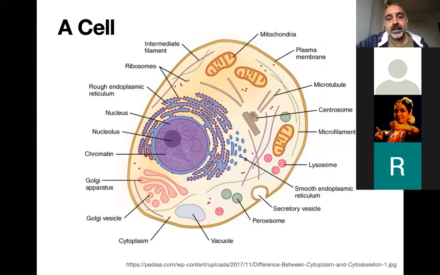So we have a cell. The cell consists of various organelles, including, of course, the nucleus, Golgi, mitochondria, and these other structures, such as the microfilaments, microtubules, and intermediate filaments, which make up the cytoskeleton.